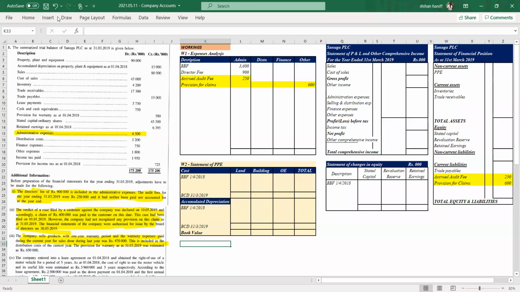This is included in the distribution costs of the current year. The provision for warranty was estimated at 650. If you check the trial balance, there is a provision for warranty of 580.